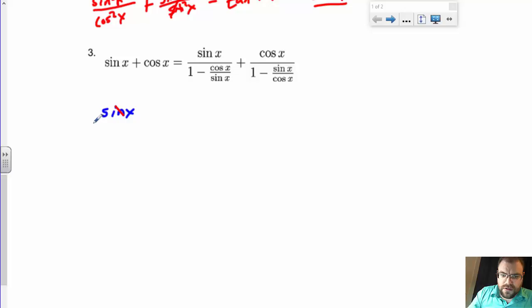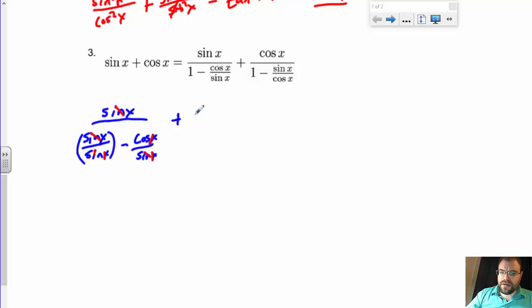I'm going to rewrite this over this. I have a fraction here, and I have 1. The denominator is sine of x. 1, though, can be written as sine of x over sine of x. Okay. This sine of x divided by itself is 1, so it's the same thing. And now I have minus cosine of x over sine of x.